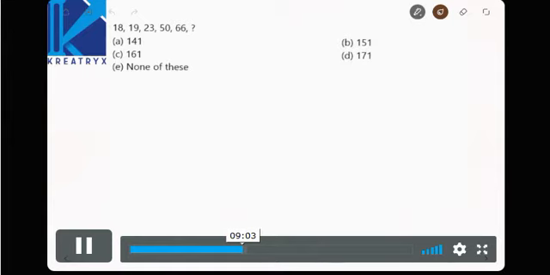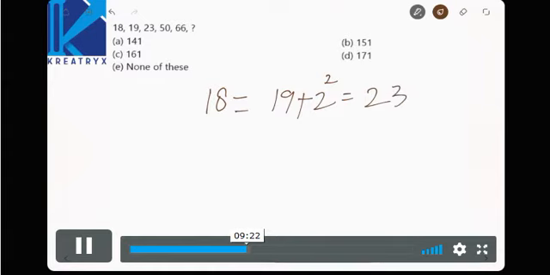Okay, right? Next one. See here, this is an easy thing. 18, 19. So 18 will lead you to 19. It seems we cannot say from this. From 19 there is a difference of 4. That is nothing but 2 square, which will lead you to 23. So next one, 23 to 50, what is the difference? Is it 27?